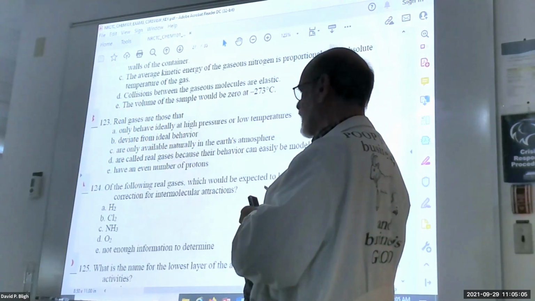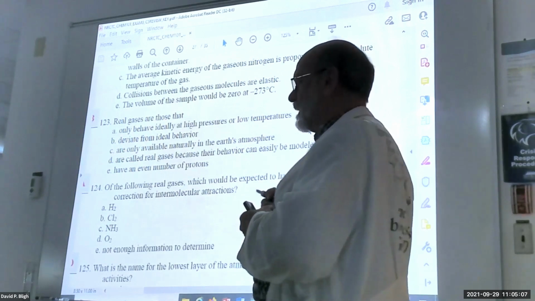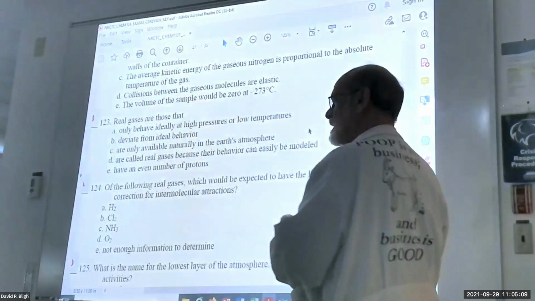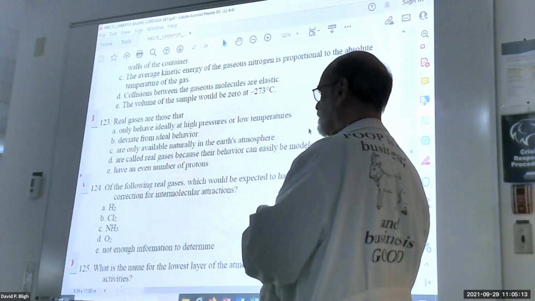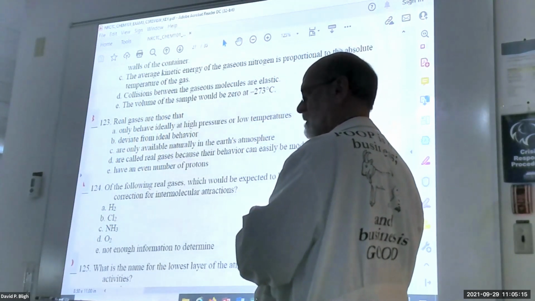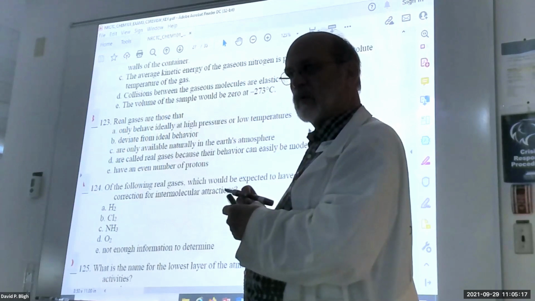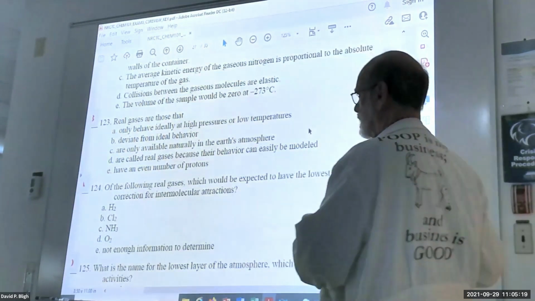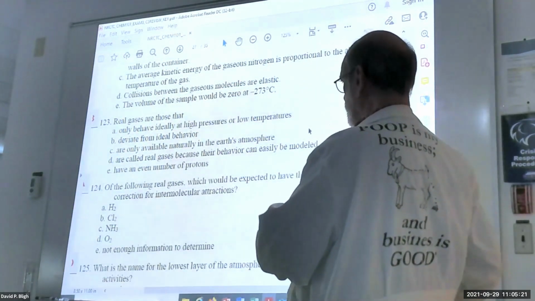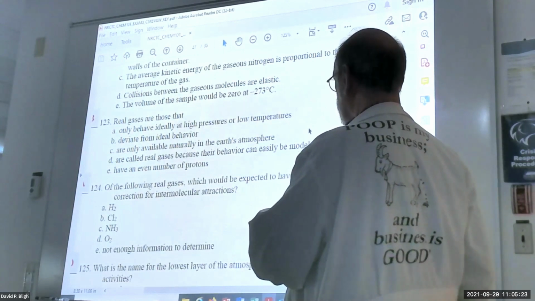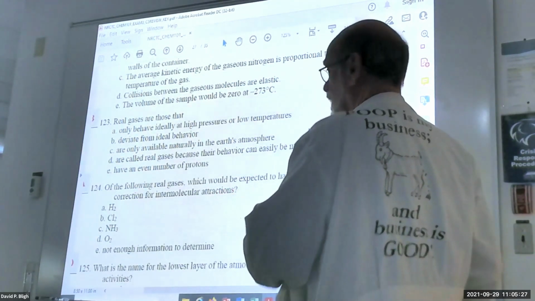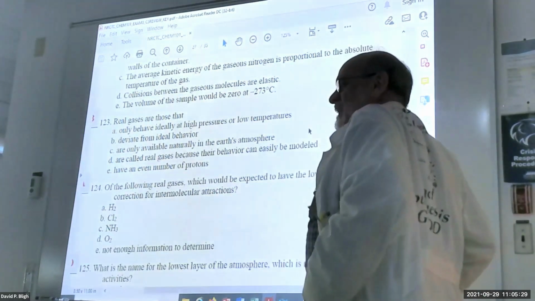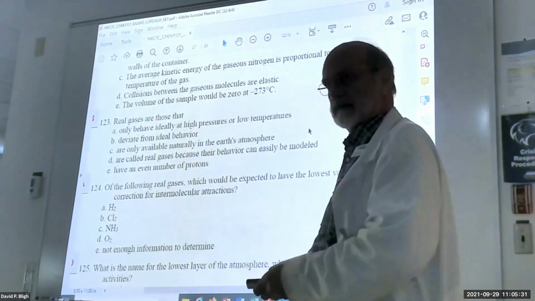What you're looking for in intermolecular attractions is primarily polarity. Are the molecules polar? The lowest van der Waals corrections would be for the gas that is most ideal.